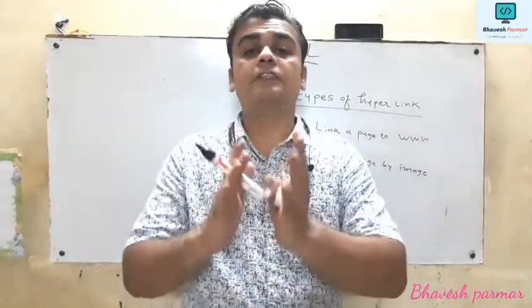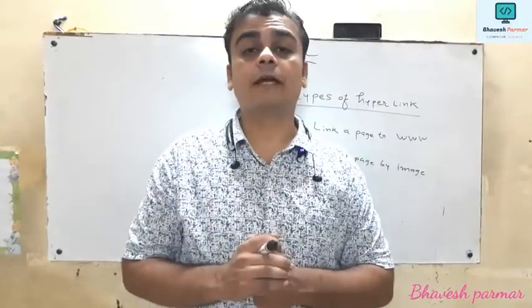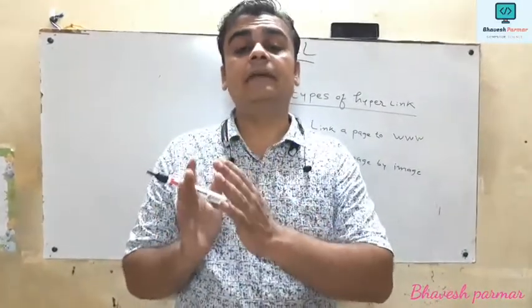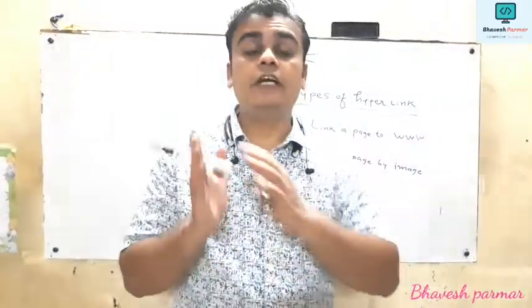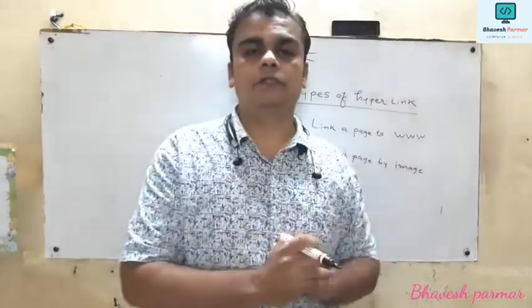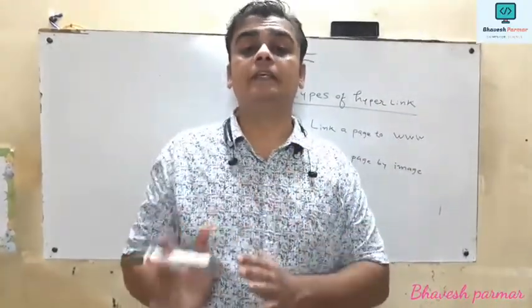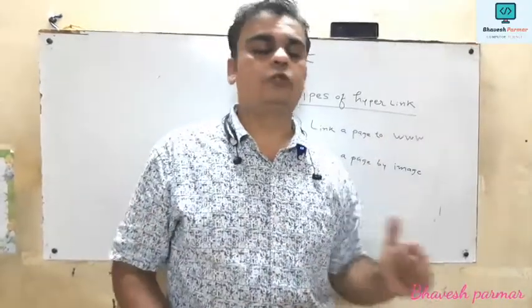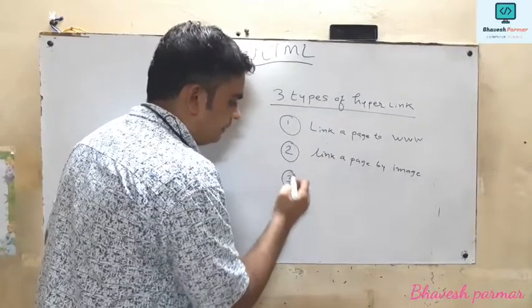It means the image will be displayed in your web page, and whenever I click on that image, it will play intermediary to another page. It will open another image in a different window. So it is called image by image link. How can we use it? I will show you by example also. Then we discuss the third type of link.